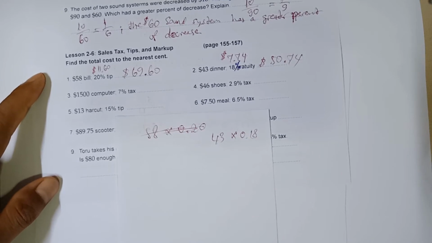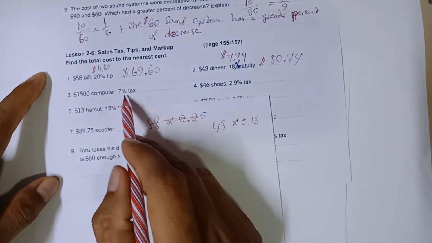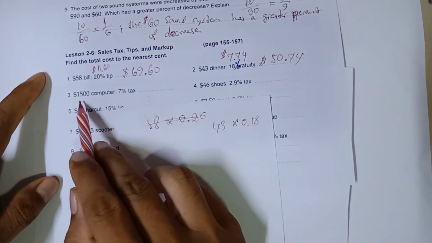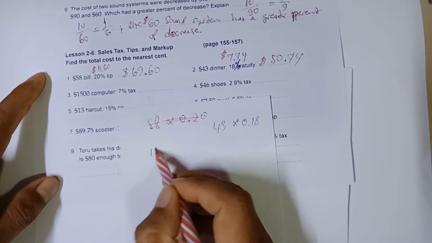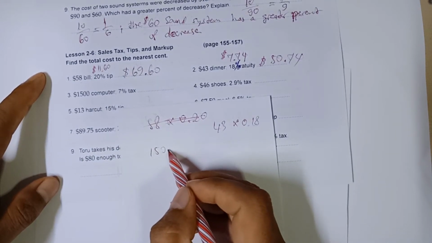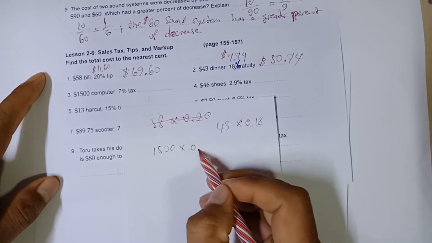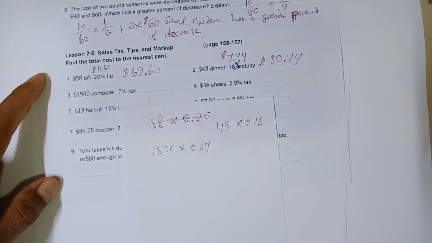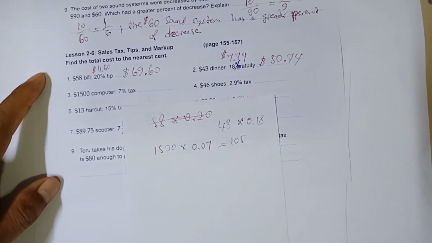Number 3, you need to pay tax when you buy a computer. 7% tax on $1,500, how much will it be? $1,500 multiplied by 0.07 gives you $105.